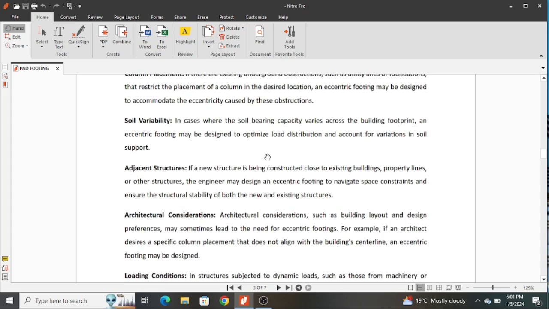If a new structure is being constructed close to an existing building, or if you're building along a property line, and this is the case in many modern construction sites, because land has become so valuable that developers want to optimize on the use of land.